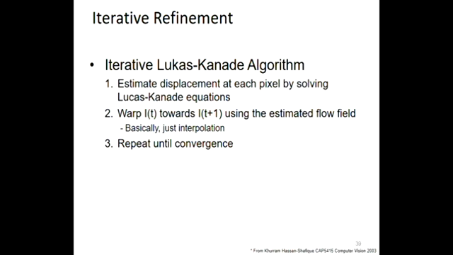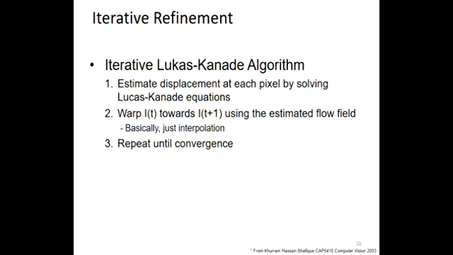Then we warp the entire image at time t to the image at time t plus 1 using the estimated flow field, which is done using interpolation. Then we repeat: estimate the displacement at every pixel, warp the entire image to get our estimate of the patches at I t plus 1, and keep repeating.